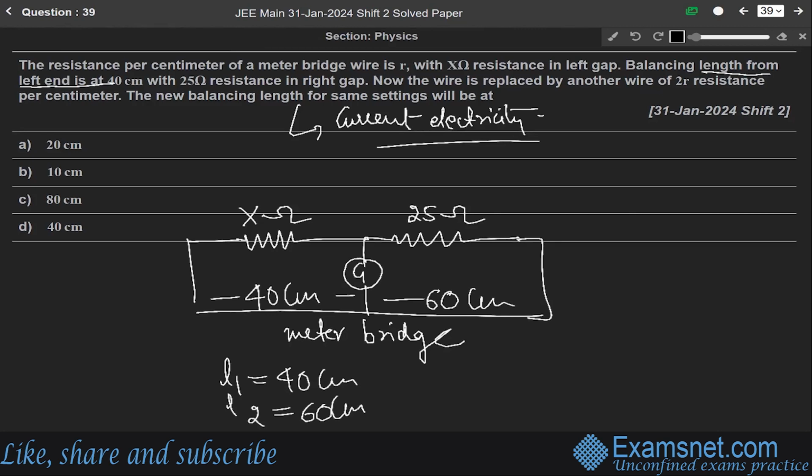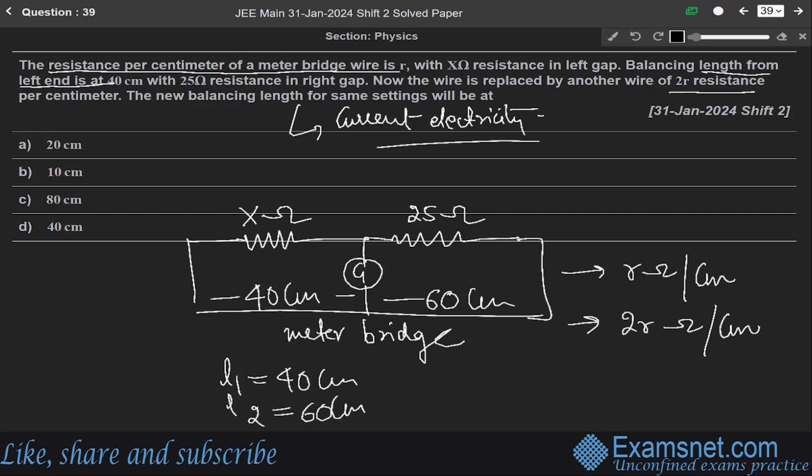And according to question, at first the resistance per centimeter of a meter bridge will be R. Means at first there will be R ohm per centimeter, and it is now replaced by 2R ohm per centimeter. So we have to find the new balancing length. So there will be no change in the balancing length.